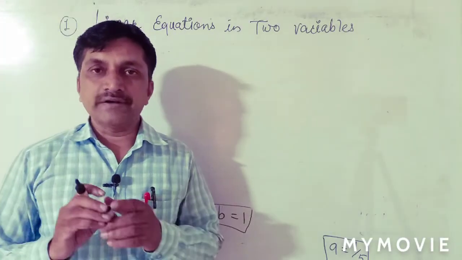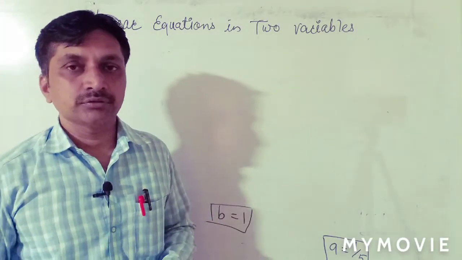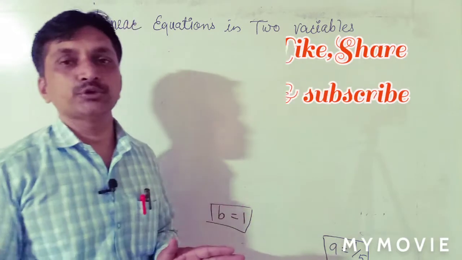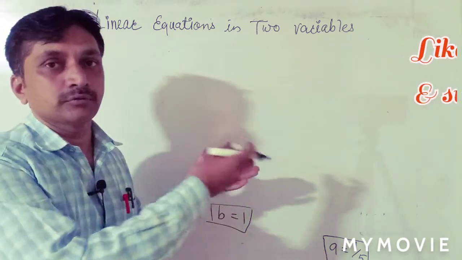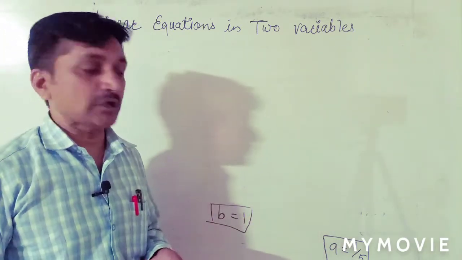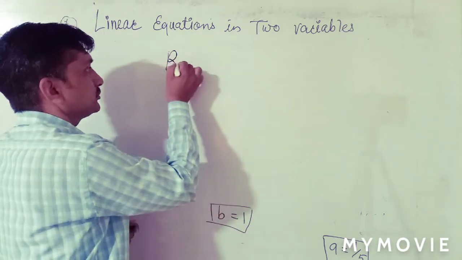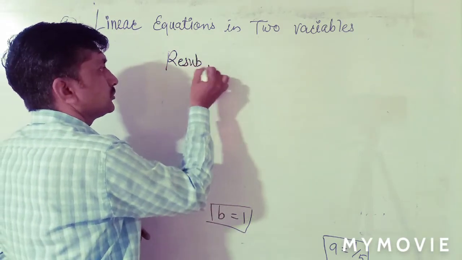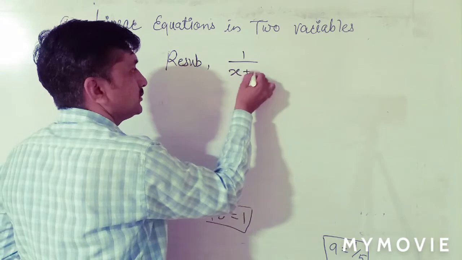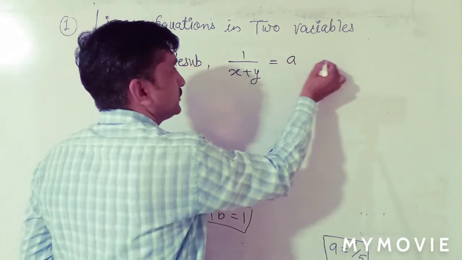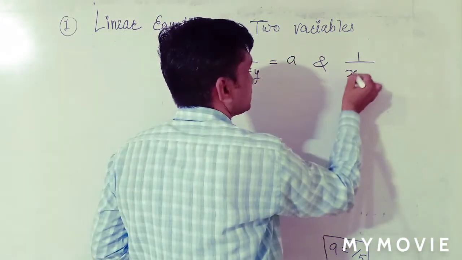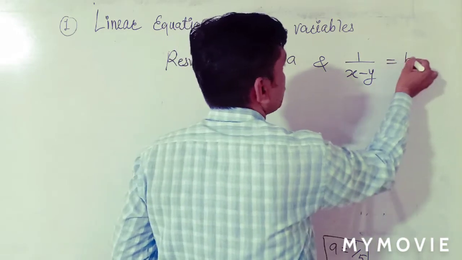But after finding the values of a and b, we have to resubstitute these values in the step where we put them: 1 upon x plus y is equal to a and 1 upon x minus y is equal to b.